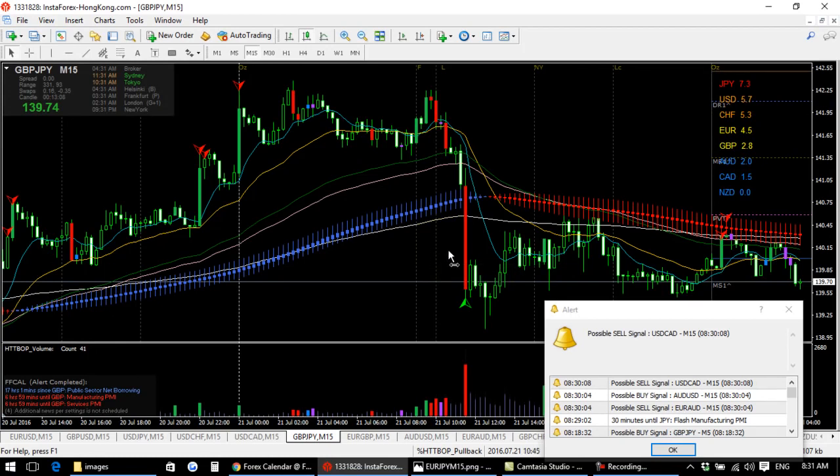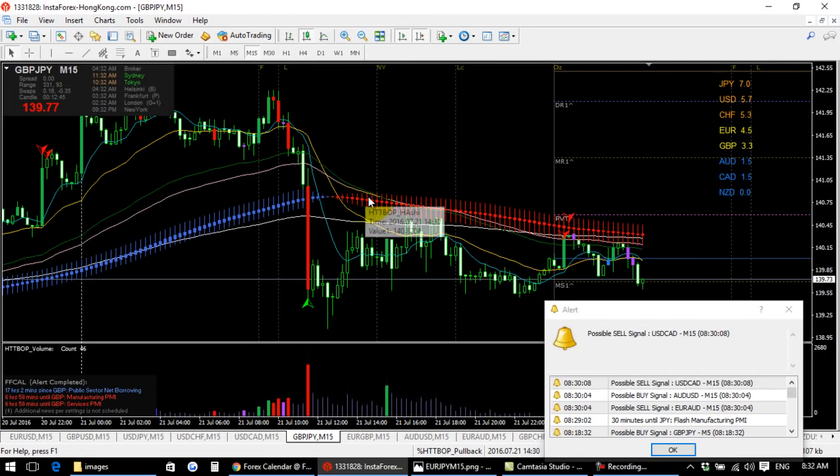Okay, so it went down, came back, and you can see it changed there. Now we can confirm it's a downtrend, and following on, lagging a little bit, are the moving averages, and you can see it's now a downtrend, on the 15-minute chart. So that's a Heiken Ashi smooth.